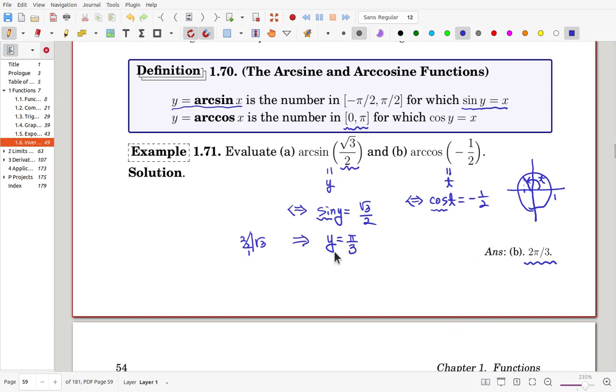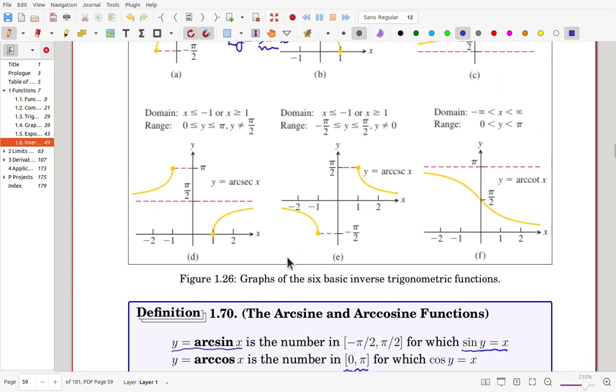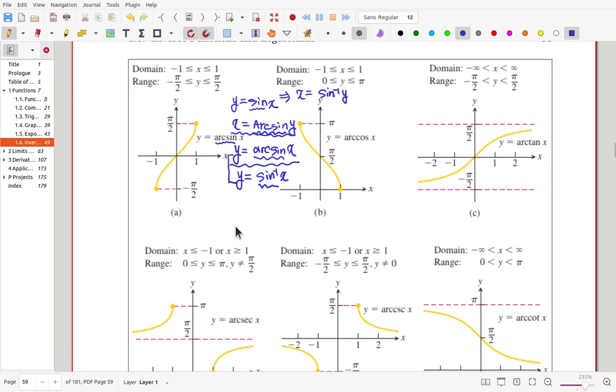Okay, now we'll go to this example. Is it correct? Sine and arcsine, can we cancel these two? No. And the reason is, let's go to the definition. For arcsine, the range must be from minus pi over 2 to pi over 2.